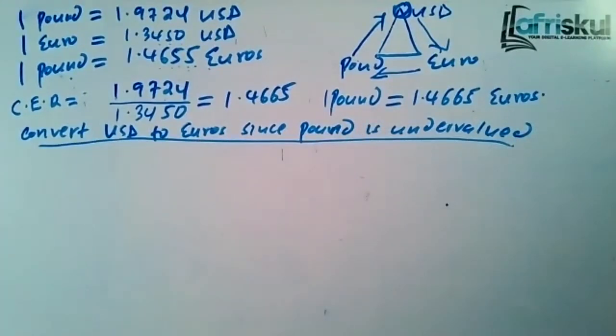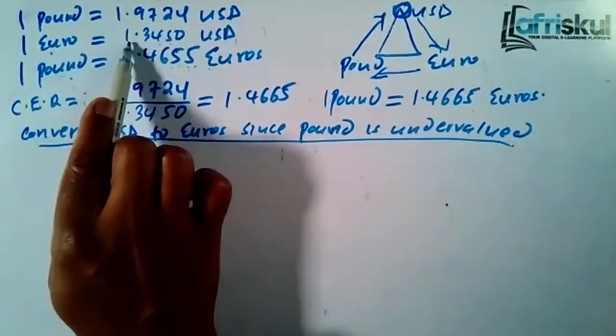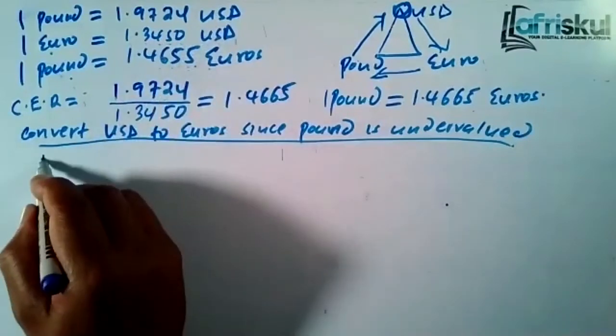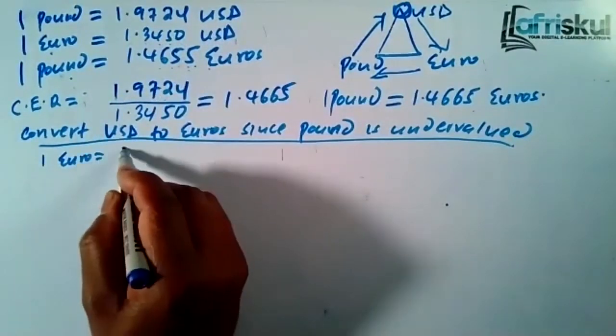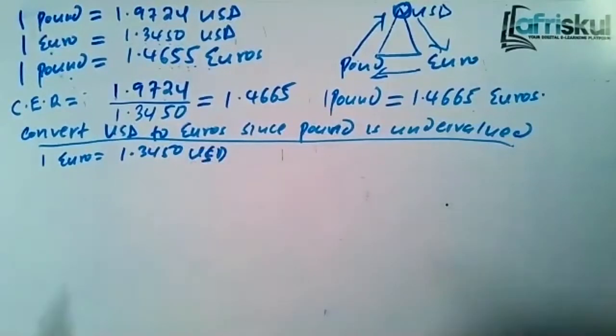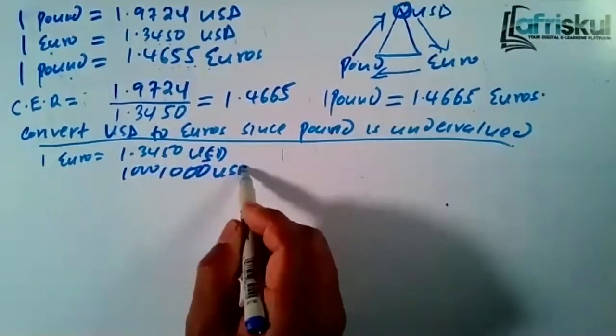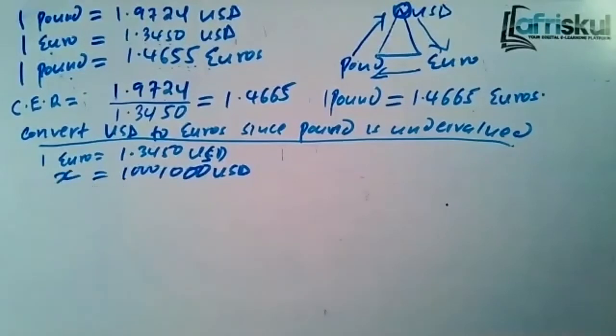So now let's convert that. We are converting US dollars to euros. 1 euro is equal to 1.3450 US dollars. This trader had 1 million US dollars. That will be equivalent to how many euros?